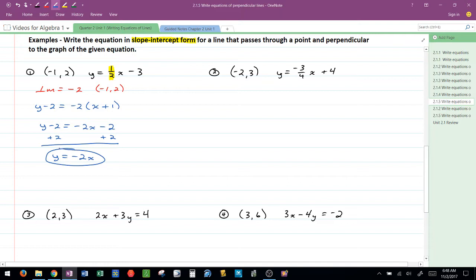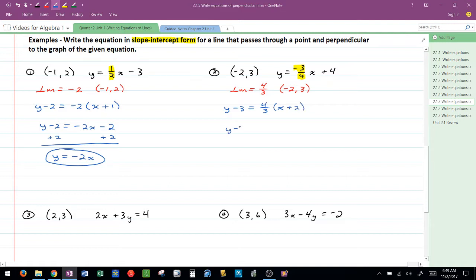All right, let's take a look at this next one. On this next one, we have a slope of -3/4. I know that the perpendicular slope of -3/4 would be positive 4/3. Negative became a positive, 3/4 reciprocal is 4/3. I need to use that with this point, (-2, 3). Point slope: y minus 3 equals 4/3 times x minus -2, which would be x plus 2.